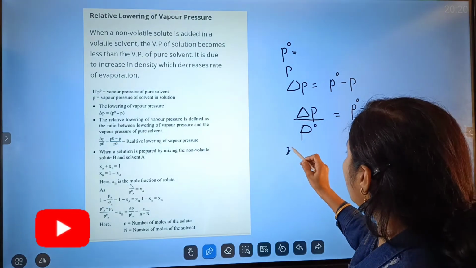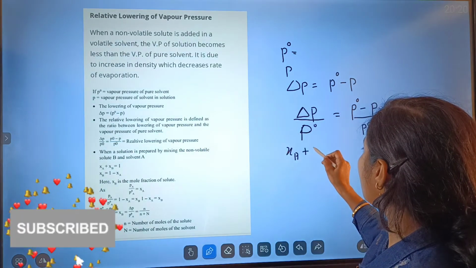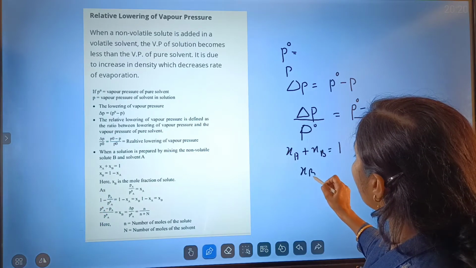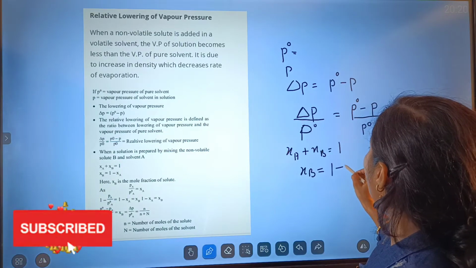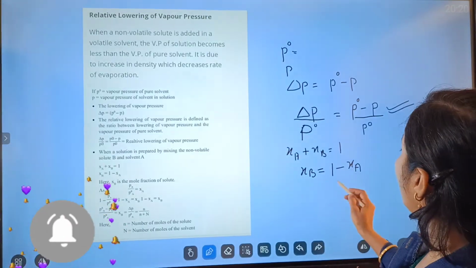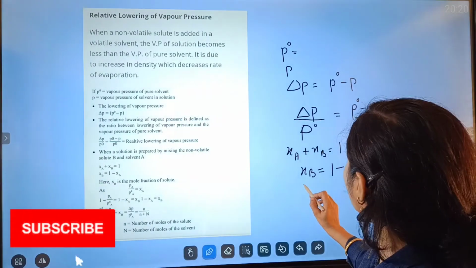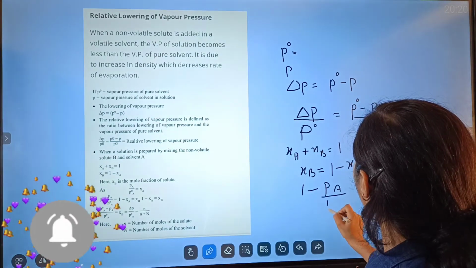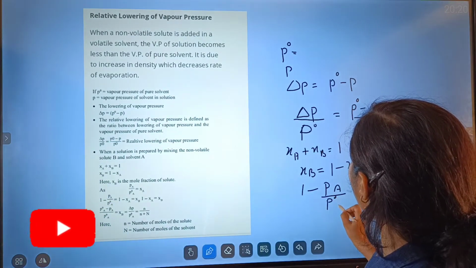You know that the sum of the mole fractions is equal to 1. From here we will derive the value of XB, that will be equal to 1 minus XA. Now we know that we will be subtracting PA upon P naught A from 1.